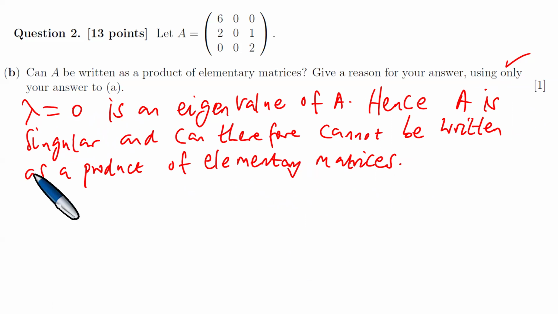There are many reasons, but eigenvalues were key because we had to use only our answer to A and not other things.